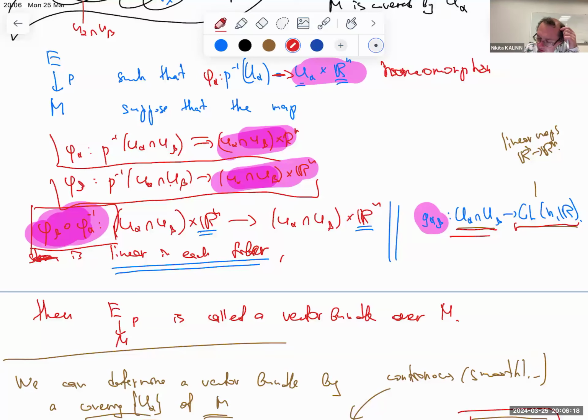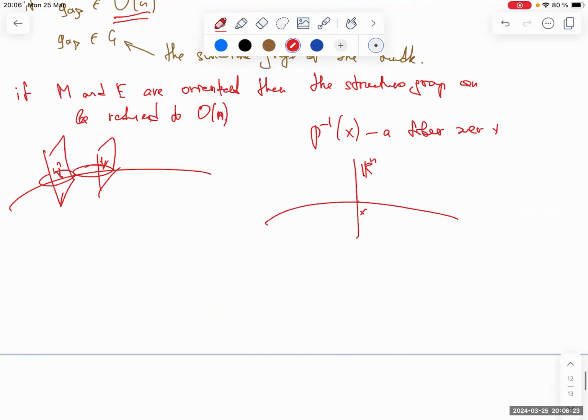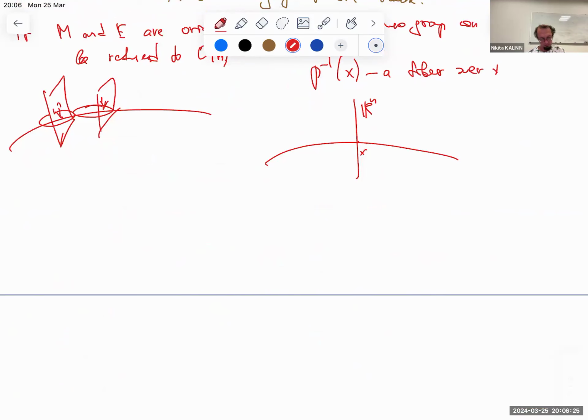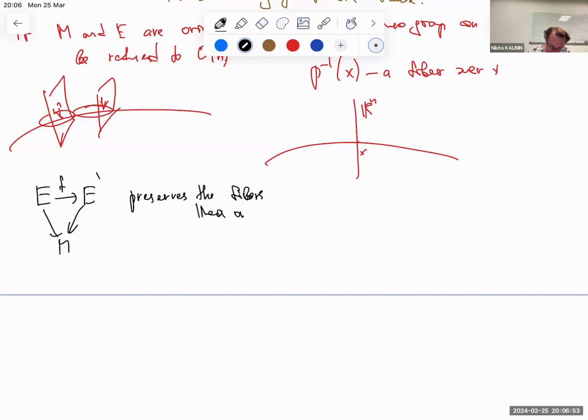Well, it means that if you have one vector bundle and another one, you have a continuous map F between them which preserves the fibers, and is linear on each fiber.